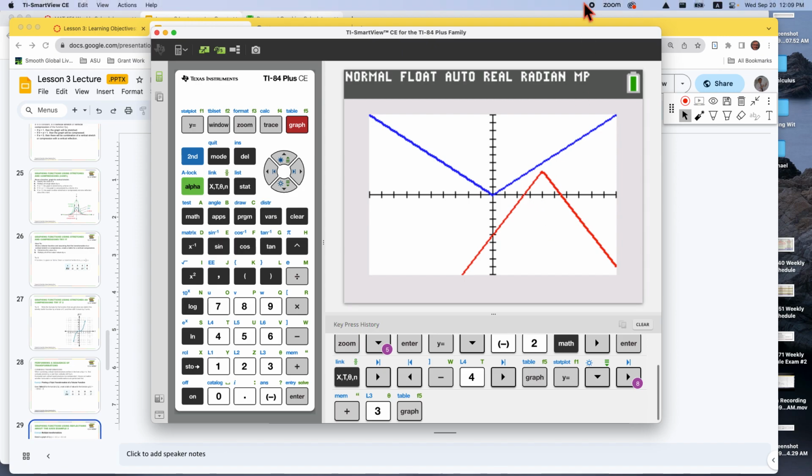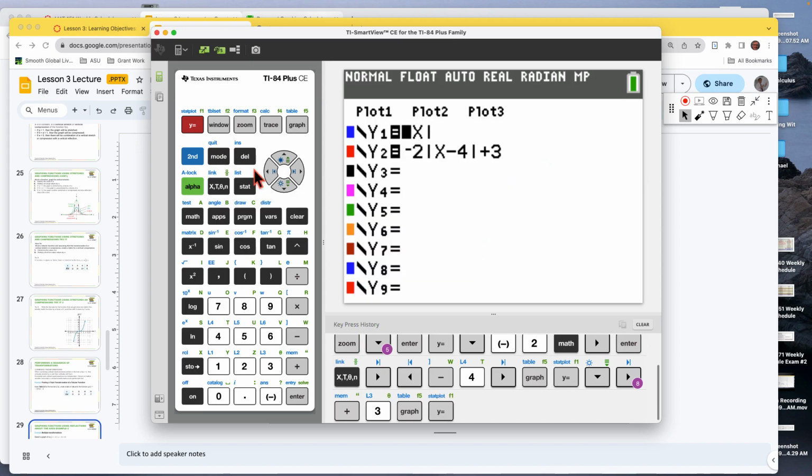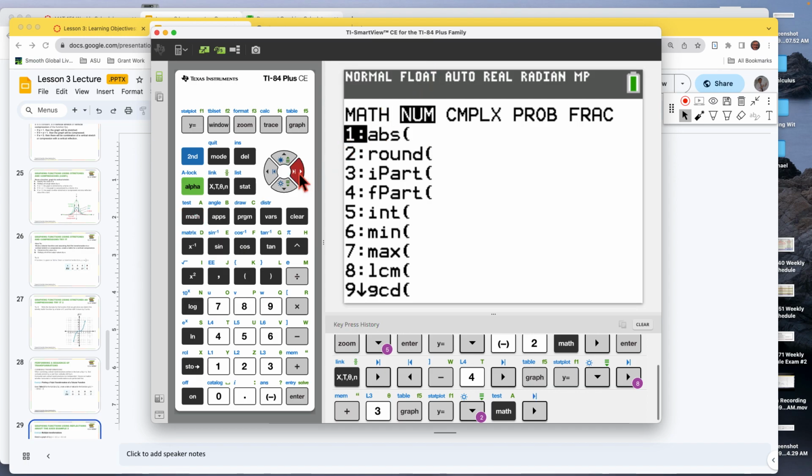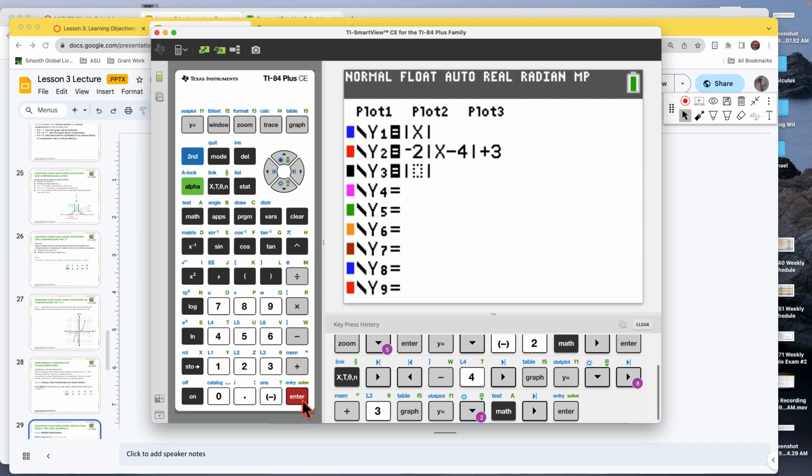What was the button you hit on the calculator to get that absolute? Go to math. So once you're in here, you hit the math key first, and then you go over to number functions, and it's number 1 ABS. Okay. But when you were typing it in, you were typing in -2, and then you had the... Oh, yeah.